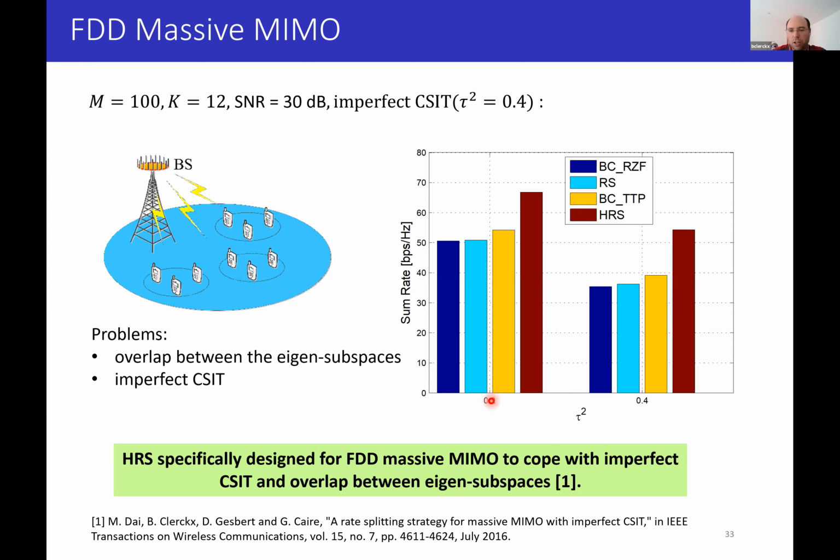Tau is small here, which leads to good quality of CSI. As tau increases, we have a lower quality of CSI. You see here the gain becomes significantly higher when you have imperfect CSIT, because of the interference left in the system that cannot be managed properly by simply doing a precoding design at the transmitter.